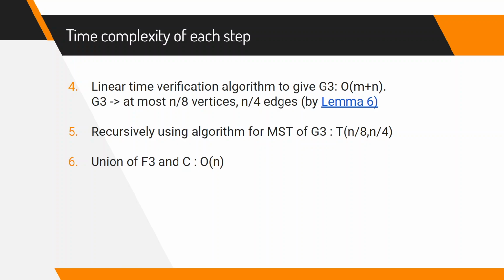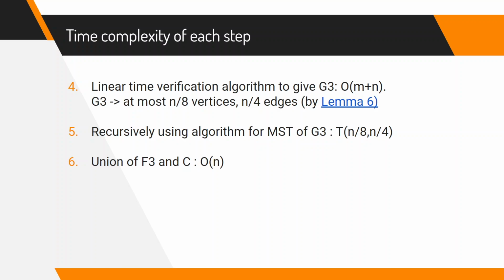All the other steps are taking O(n + m) or O(n), which can be summed up as c(n + m), and T(n by 8, n by 4), which we are taking from the fifth step. So we have our final equation.